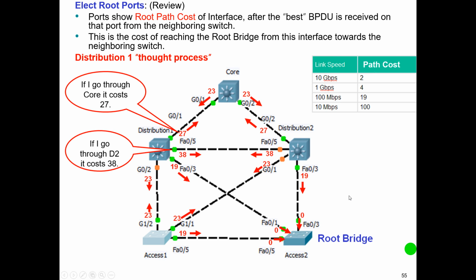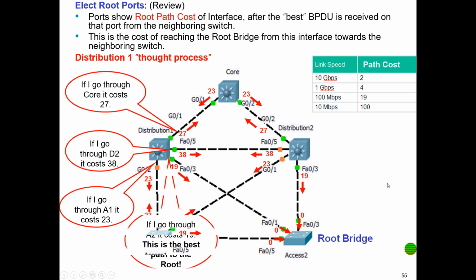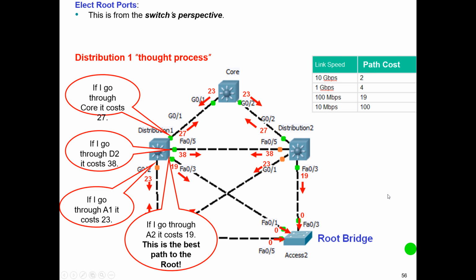If I go through D2, it will cost 38. If I go through A1, it's going to cost 23. If I go through A2, it's going to cost 19. This will be the best and lowest path, so that will be the path it takes. If I go through the core, it costs, and so forth.